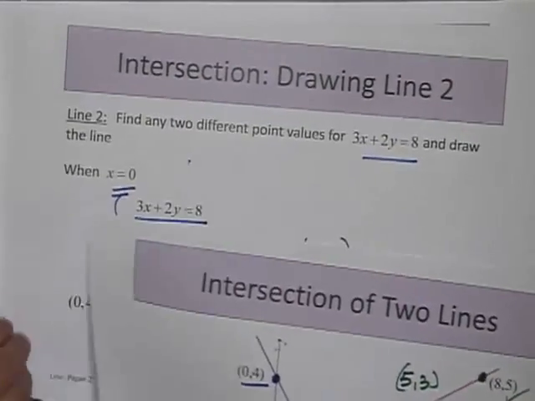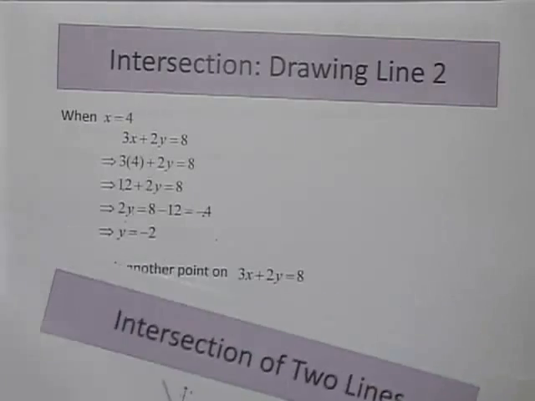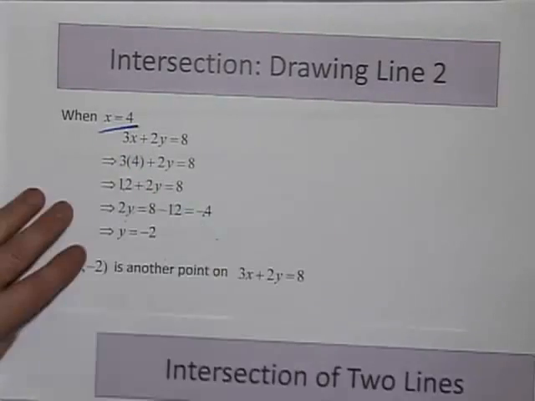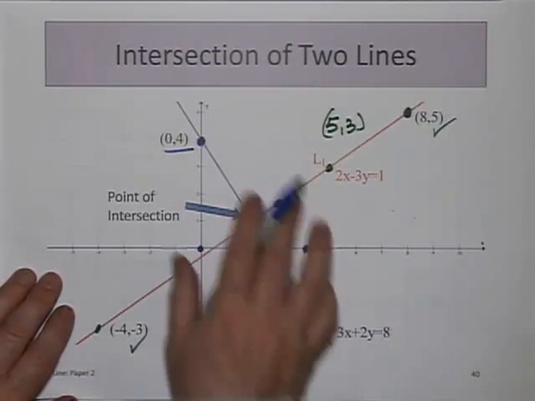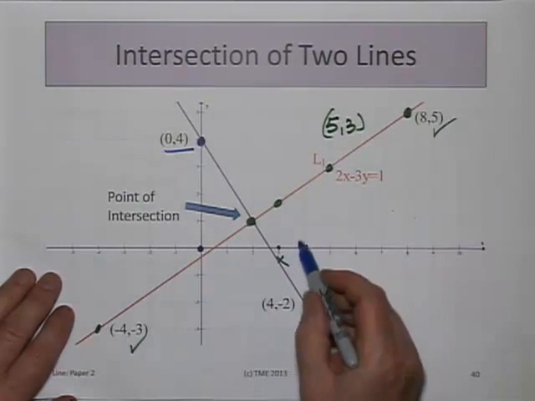If I chose another point, I just happen to say, I wonder what the value is when x is 4. Again, it really doesn't matter what I pick. I chose this point here, and I say, where would the line be relative to this point? Is it down or up?